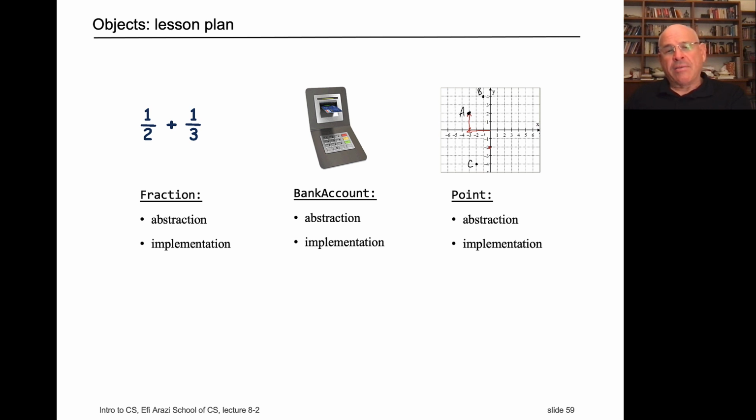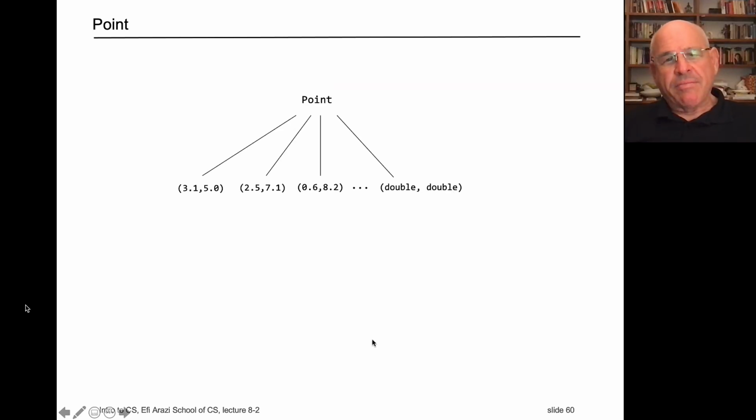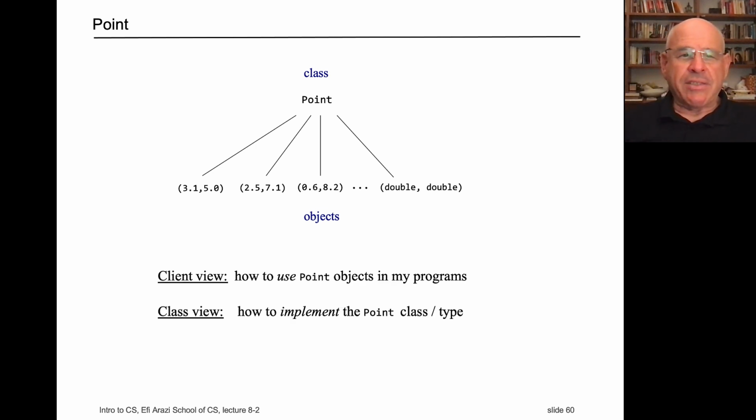And with that, let's move on and talk about our last example for this lecture, the point class. Well, a point is actually a pair of two double values, as you see from this slide here, right? Here's the point class, and here are the objects or the instances of the point class.